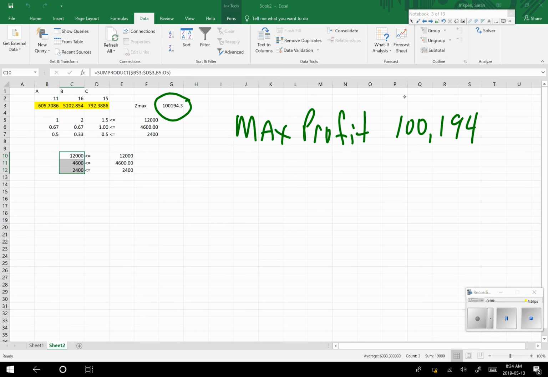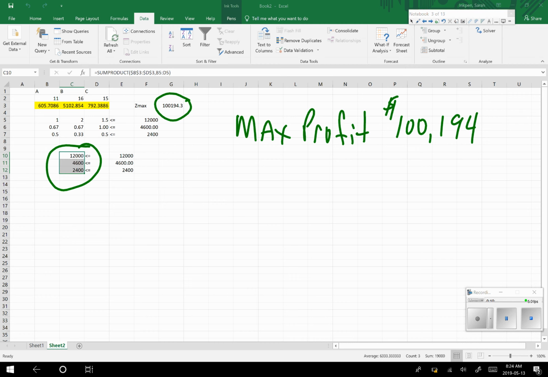Now you may get a little different on this one if the fraction stayed rather than the decimals. And you can see that they've used up everything. This here tells you that they've used the 12,000 hours for molding, the 4,600 and the 2,400.